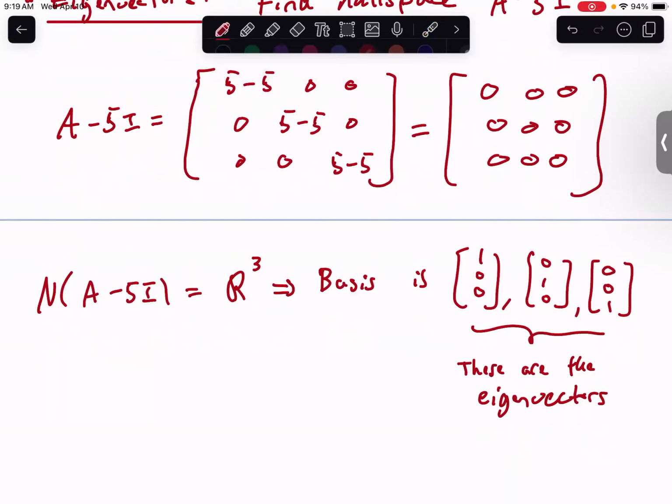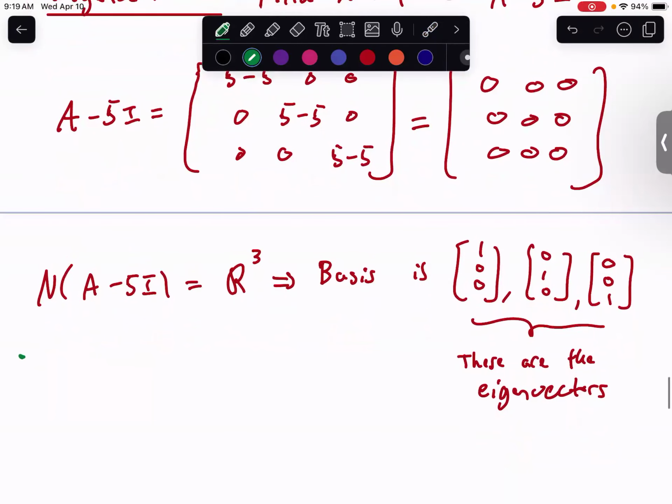So maybe I should put that into words very briefly. The rank of A minus 5I is equal to 0.